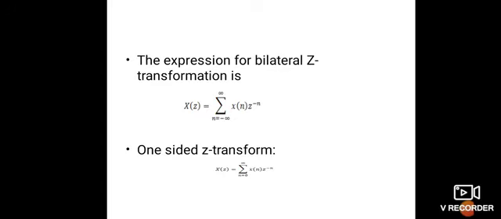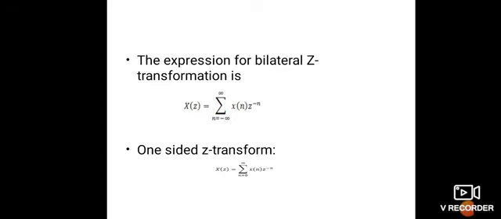The next is the one-sided Z transformation. In that case the limit of the summation is n equal to 0 to infinity, which means I am taking only the positive side. X(z) equals summation over n equal to 0 to infinity of x(n) z to the power minus n. This is also called unilateral, one-sided or positive sided Z transformation.